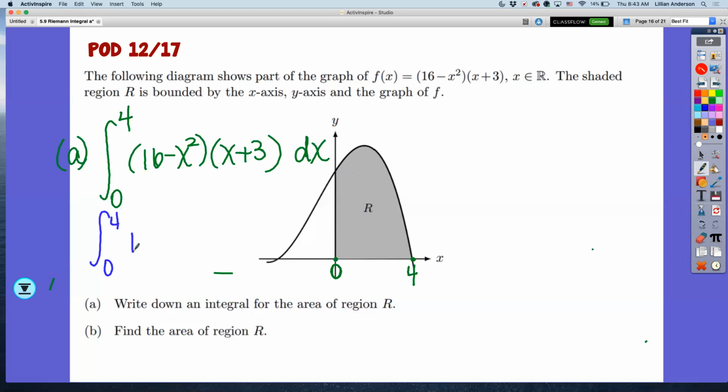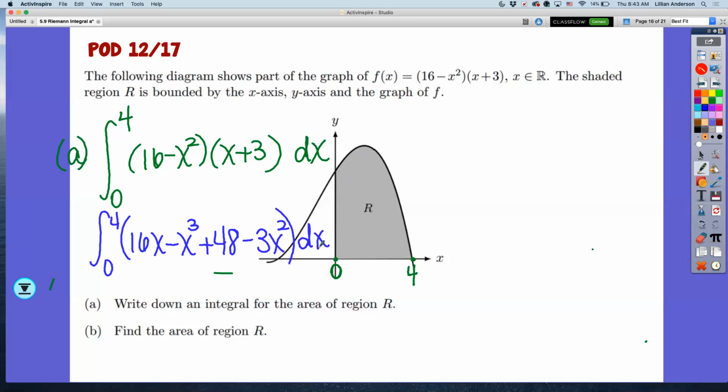So when I FOIL, this gives me 16x minus x to the third plus 48 minus 3x squared. Of course, this is not in order from least to greatest, but essentially I'm just going to be taking the antiderivative of it. If you want to put it in order, you can, but I'm still going to take the antiderivative of it.